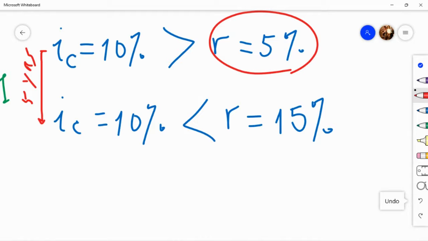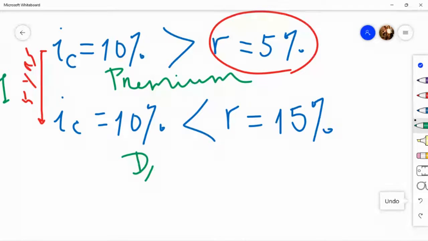Think about it. You will sustain, when you bought the bond, it was clearly a premium bond. You must have paid more than $1,000. But 5 years later, let's say you have to sell it. When you sell it, it becomes a discount bond, right?